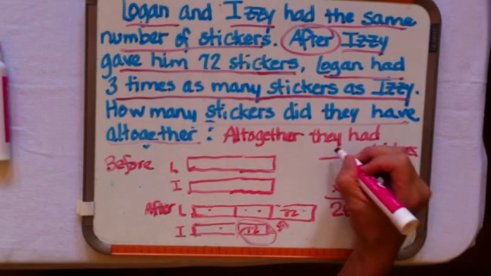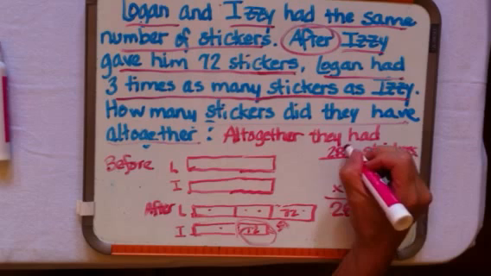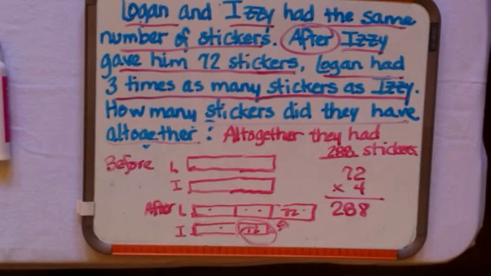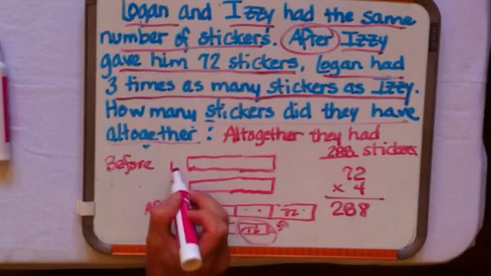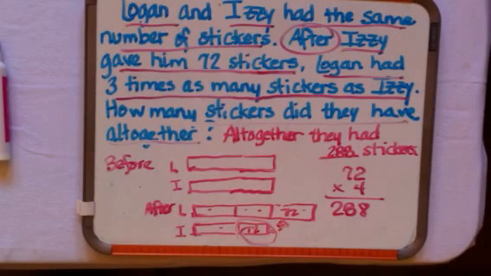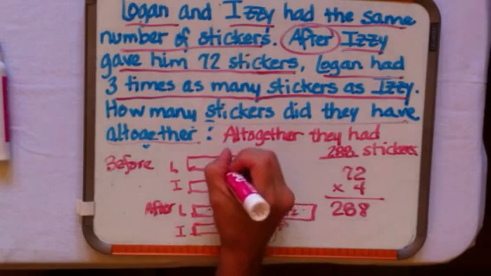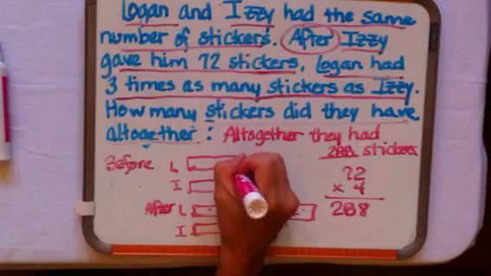So altogether they had 288 stickers. Go back and check this. It says altogether they had 288 stickers. So back at the beginning of the problem, when they had the same amount, if I take that 288 and divide it by 2, I get that each of them would have had 144 stickers.